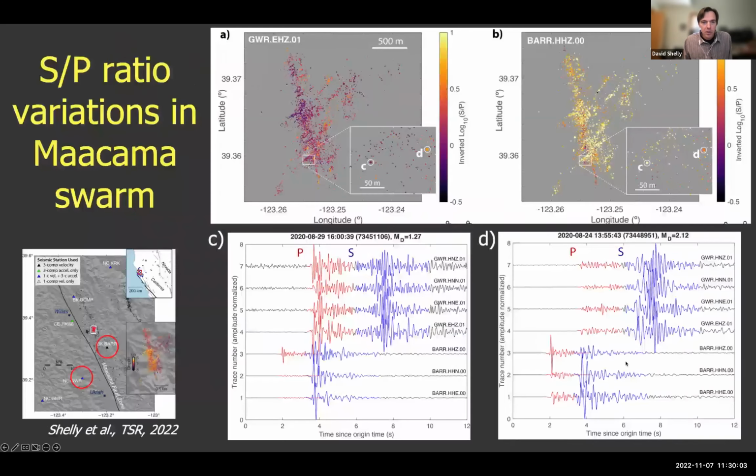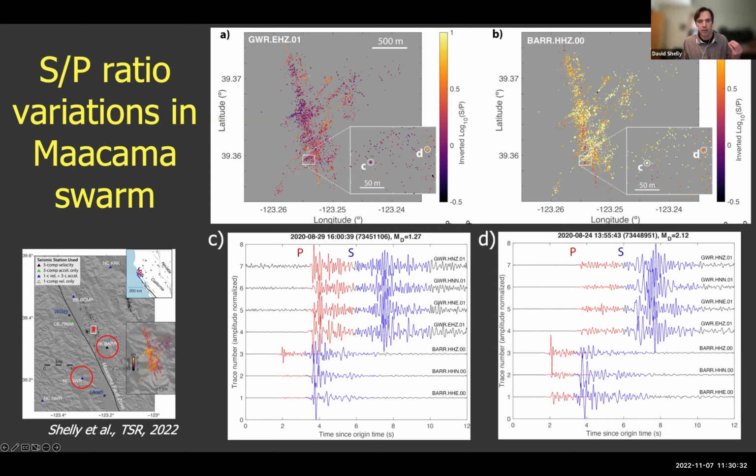For this sequence, we see evidence that, again, there's complexity in the faulting patterns, and we see evidence that this complexity is reflected in the S to P amplitude ratios. These top plots are showing the log S to P amplitude ratios that we're estimating based on these P to P and S to S amplitude ratios.